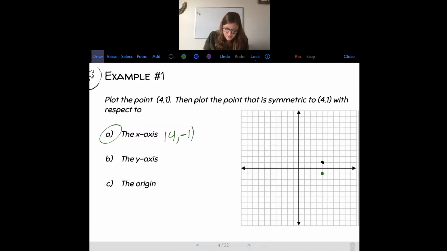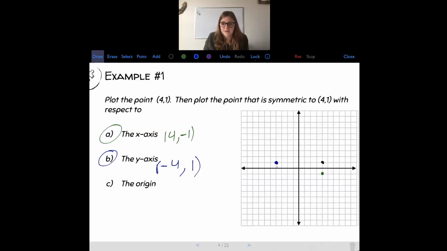We will start the other way with y-axis symmetry. Points that are symmetric with respect to the y-axis have opposite x values but the same y value. So opposite x would be negative 4, same y would be positive 1. So negative 4, 1. The blue dot is my point that is symmetric to 4, 1 with respect to the y-axis.